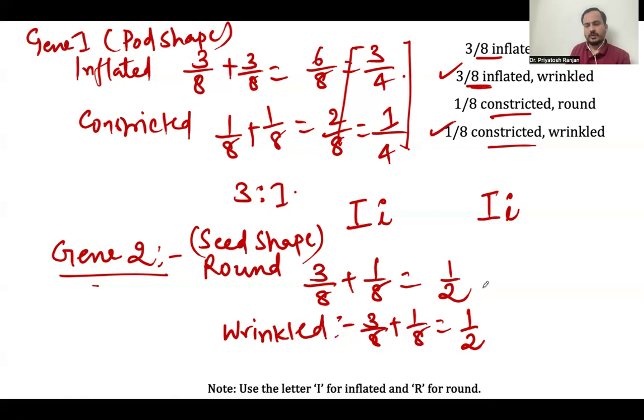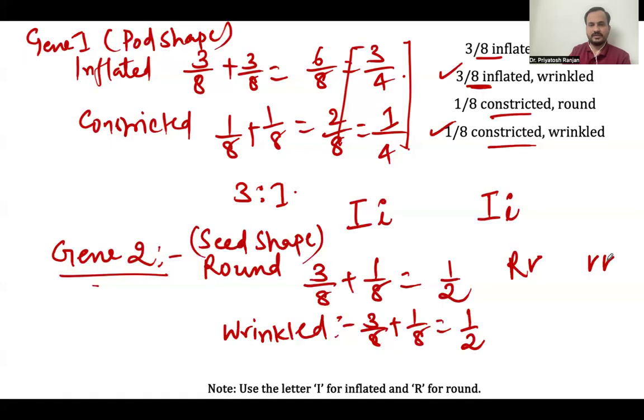Now, if you look at this ratio carefully, you will soon realize that the genotype for the seed shape, which I have to represent in the form of capital R and small r, is such that one parent has to be heterozygous, capital R, small r, and the other has to be small r, small r.